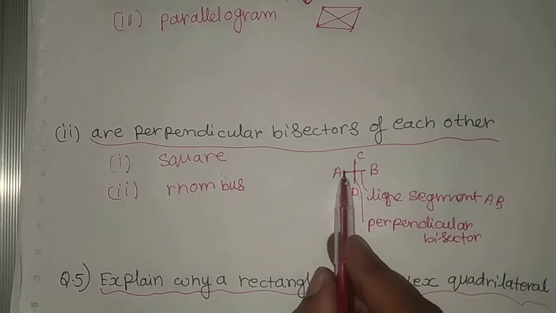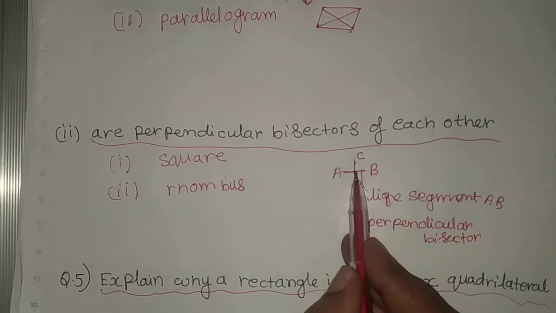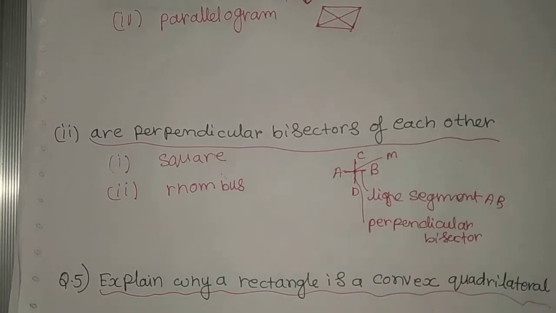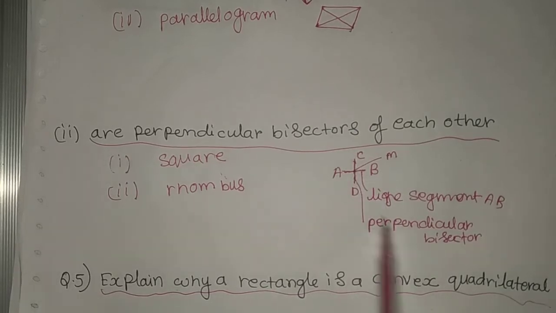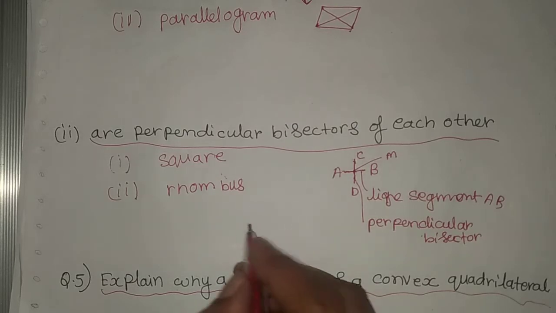If this is a line segment AB and CD is passing through this line at some point, consider M as the midpoint, then CD is called a perpendicular bisector. This happens only in square and rhombus.